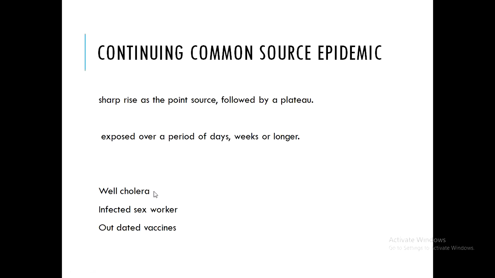It can be an infected commercial sex worker. Whoever is catered to by that commercial sex worker will get infected, and continuously the exposure will result in a number of cases in the community. And I have already given you the examples of outdated or contaminated vaccines.